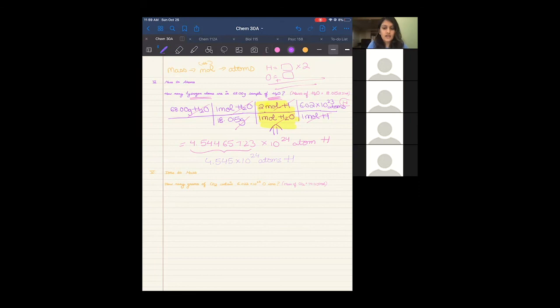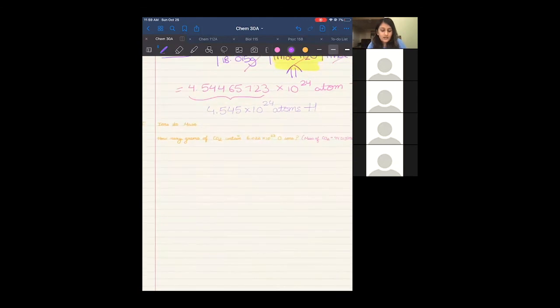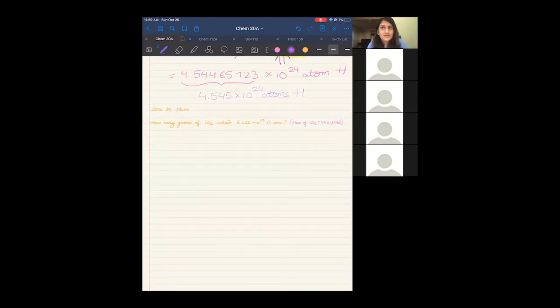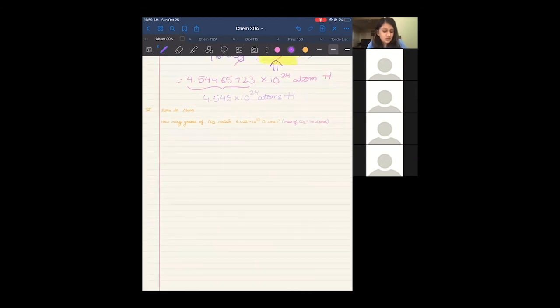Okay. Since we are actually done with time, this is going to be your exit ticket, or entry ticket for Wednesday. So we have the next question, which I prepared. It's ions to mass.